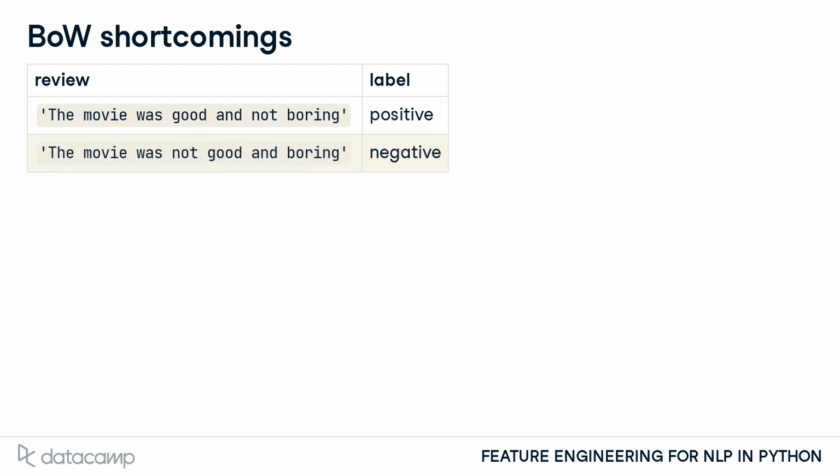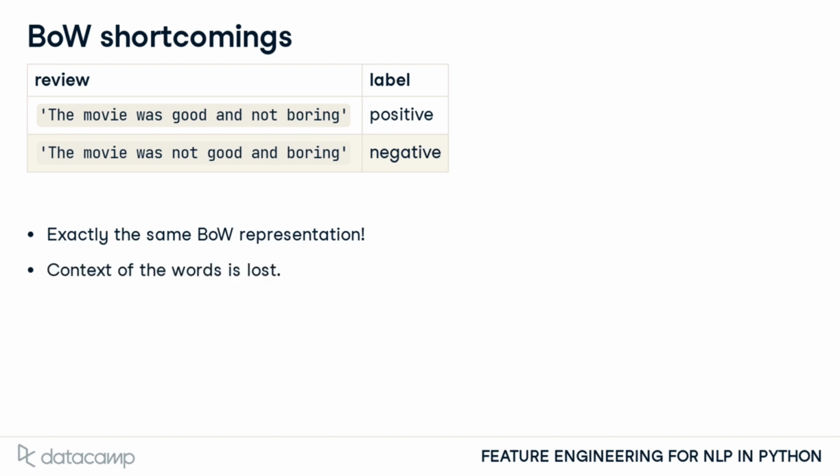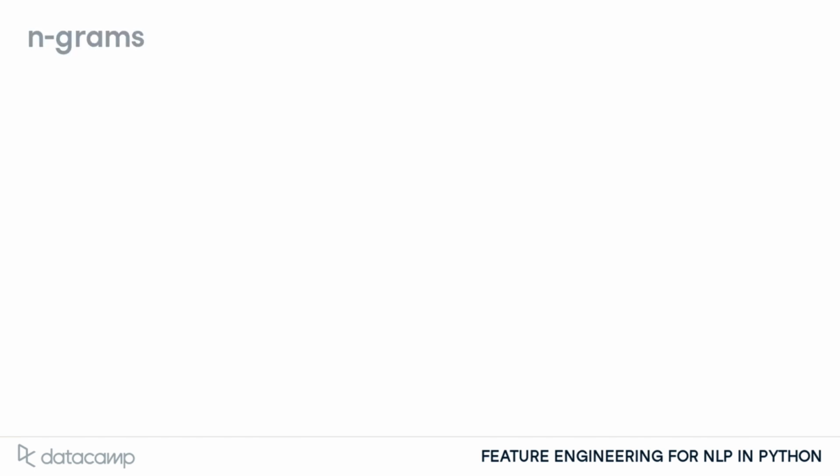If we were to construct BOW vectors for these reviews, we would get identical vectors since both reviews contain exactly the same words. And herein lies the biggest shortcoming of the bag of words model. Context of the words is lost. In this example, the position of the word not changes the entire sentiment of the review. Therefore, in this lesson, we will study techniques that will allow us to model this.